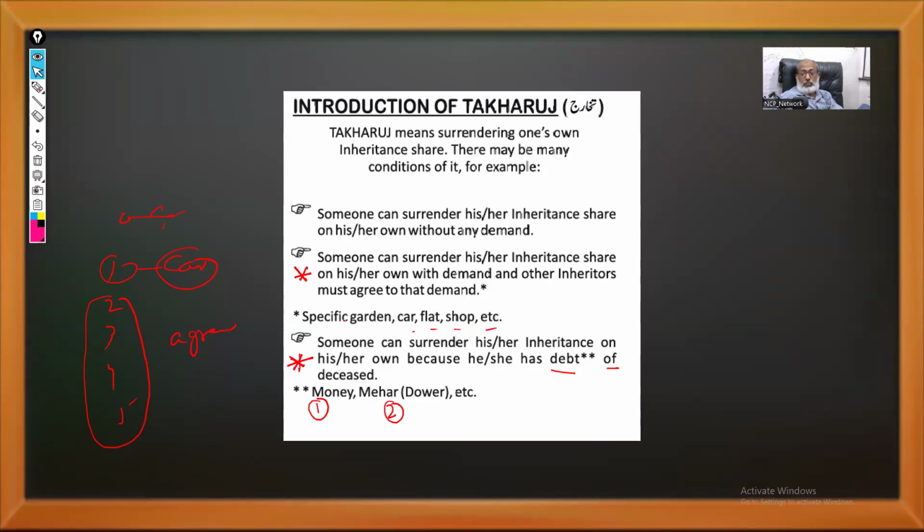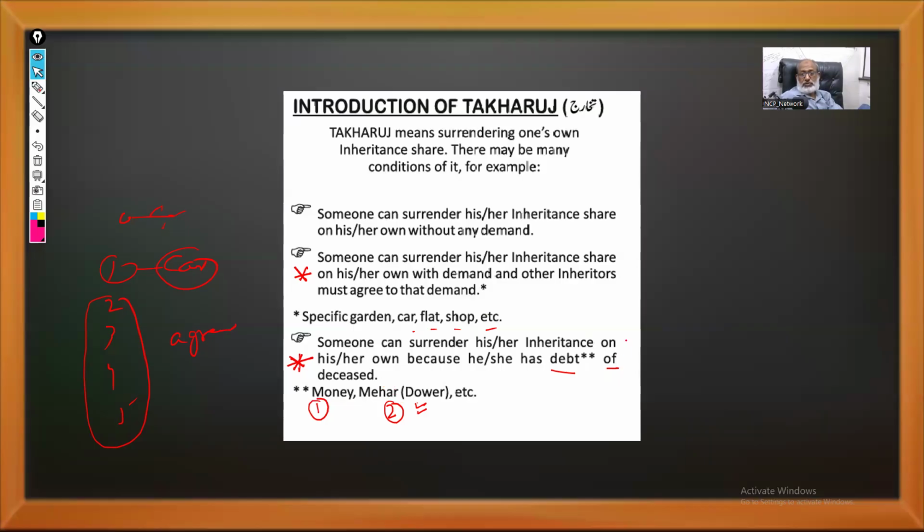If someone has not paid the dowry or meher of the wife, then at the time of the distribution of the inheritance, first this will be taken out from his inheritance and given to the wife, and then again the distribution will take place.